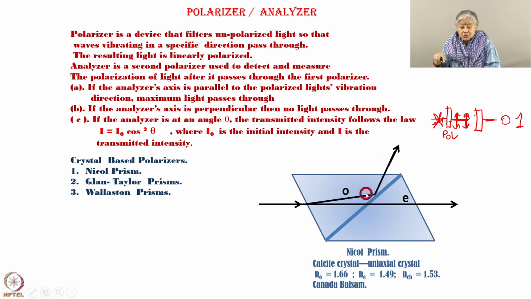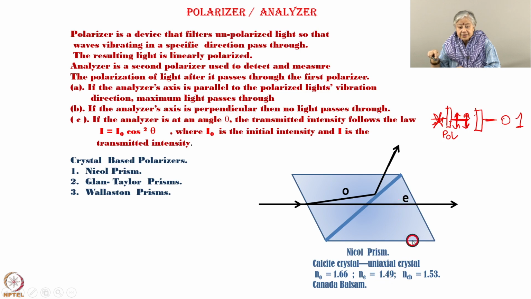This angle also has to be in a particular way, so this crystal is cut in a certain way, keeping in mind the uniaxial crystal's optic axis, so that this ray is totally internally reflected. And the E ray has a refractive index of 1.49.